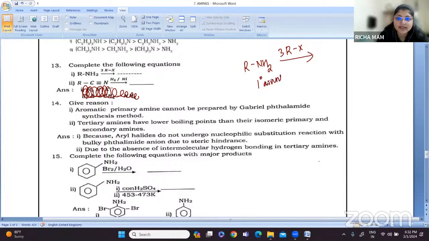When it reacts with 3 times alkyl halides, what will be the product? So here what will form?